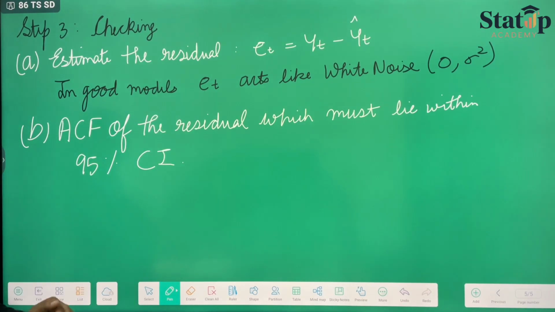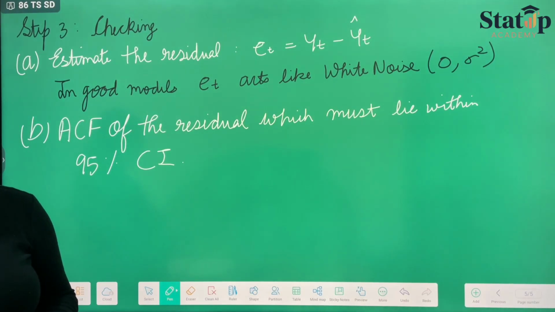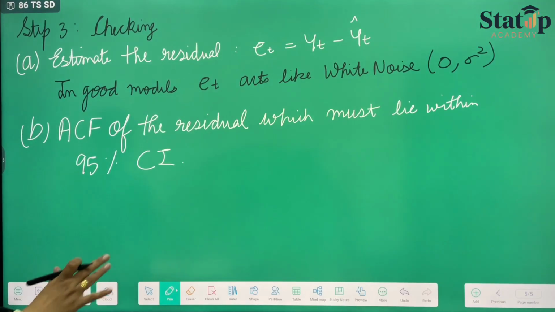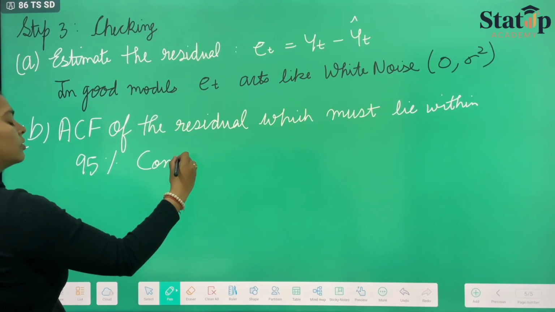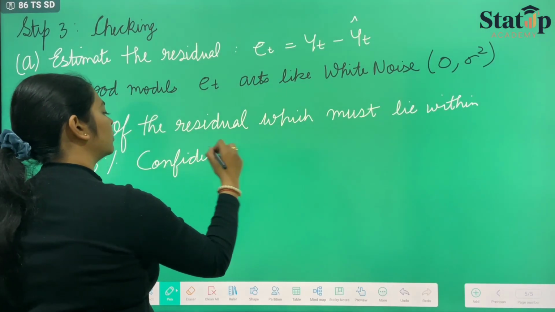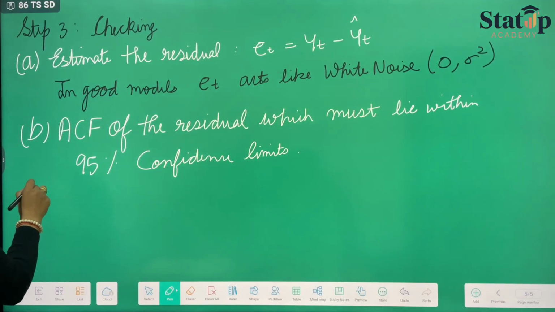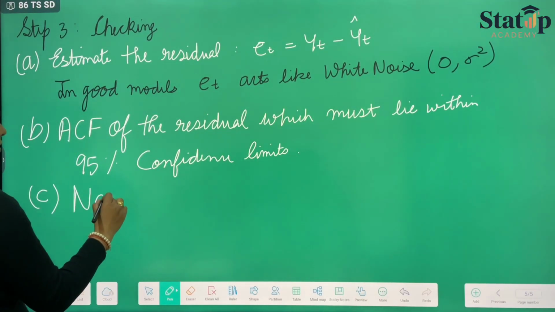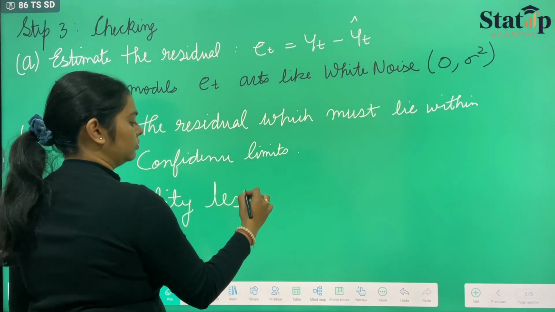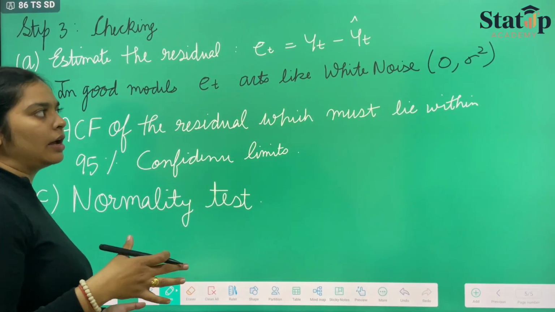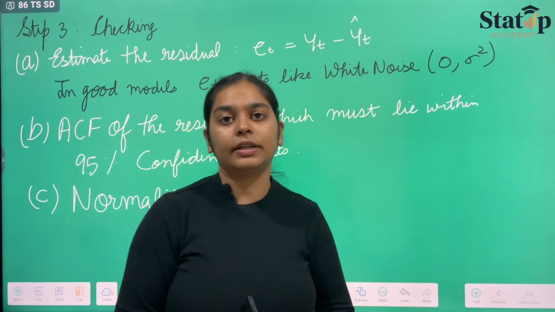This residual autocorrelation function should lie within the 95% confidence limits. And we can then use our normality test, and hence our parameter is verified. And if it is not verified, then what will you do?